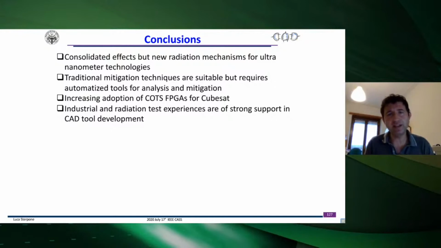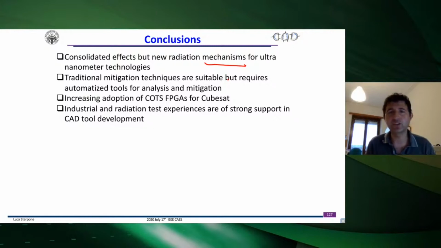So, concluding from the presentation that I made today, I gave you an overview of the mechanisms that generate the phenomena inside of FPGA. These mechanisms are valid also for other technologies, not only for FPGA, but also for ASICs. There are a set of traditional techniques for FPGA that I discussed.